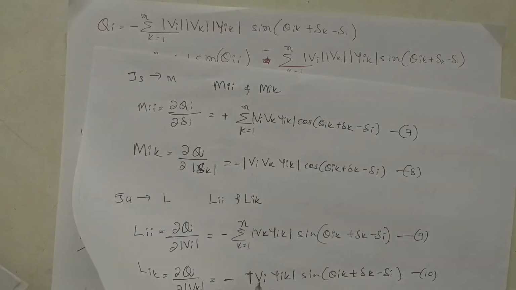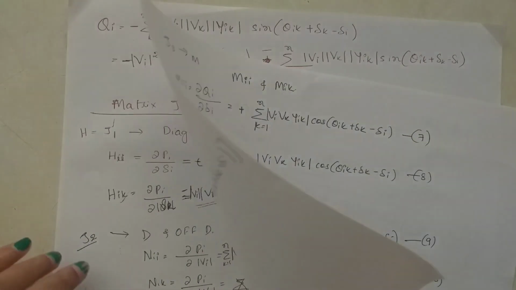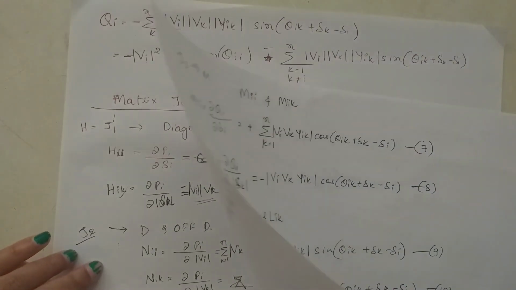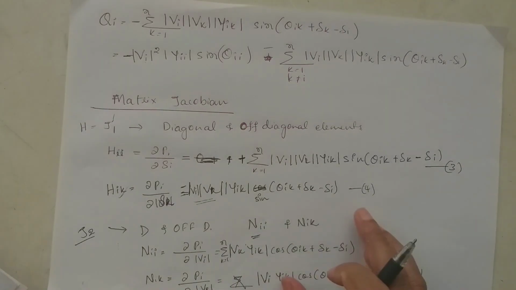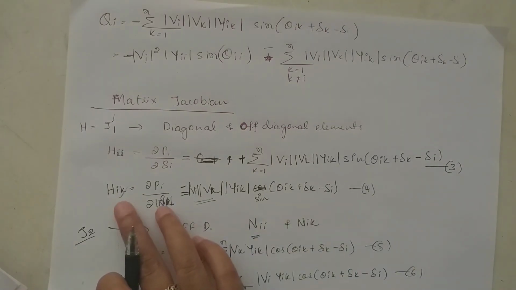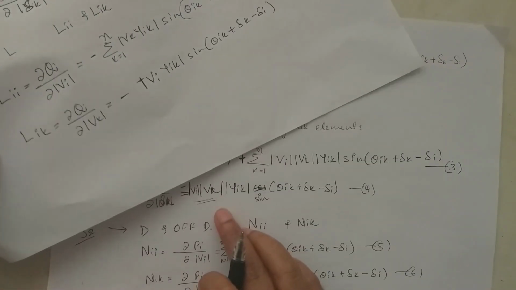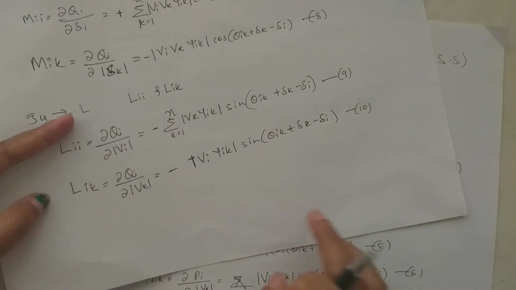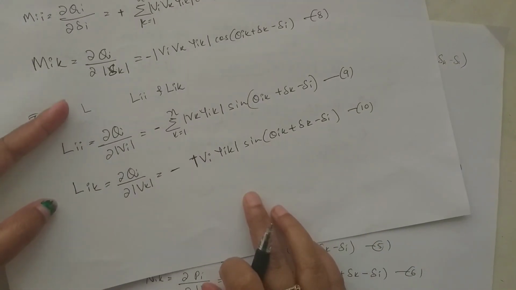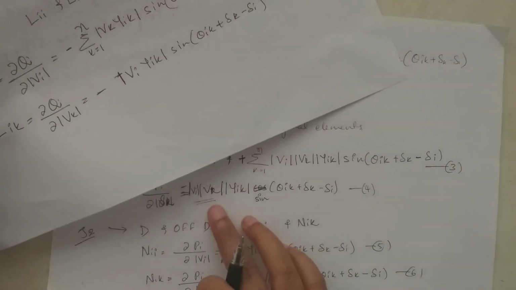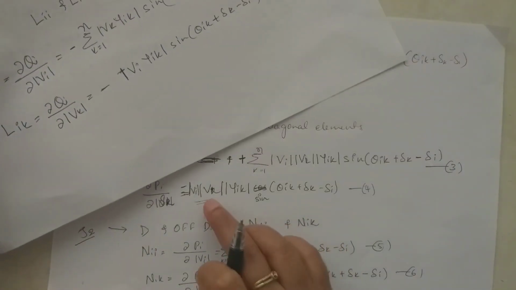If you observe the matrix elements HIK as well as LIK, almost HIK and LIK are the same except VK. Here VK is not there and here VK is there.